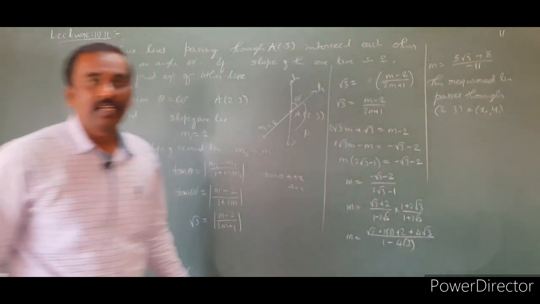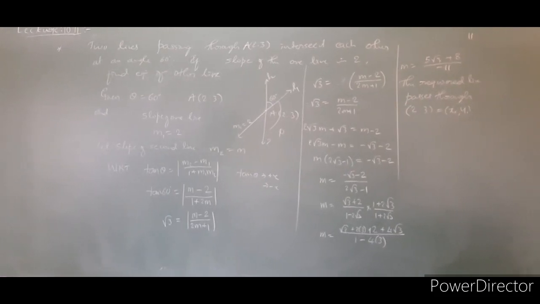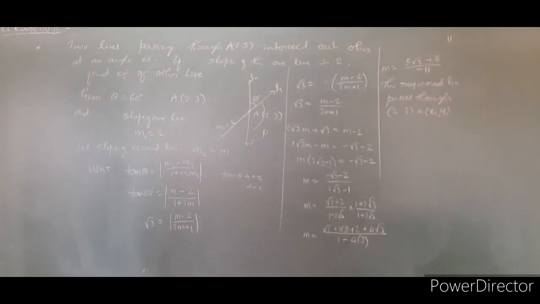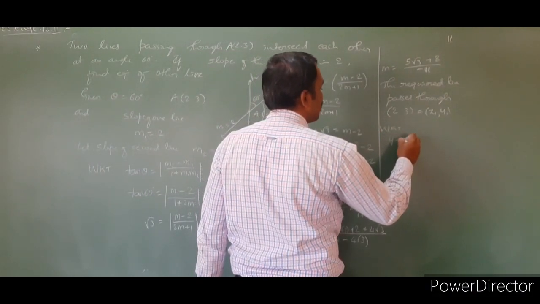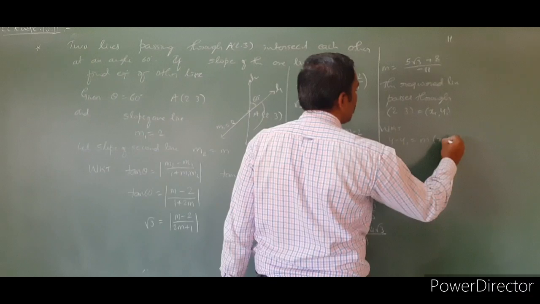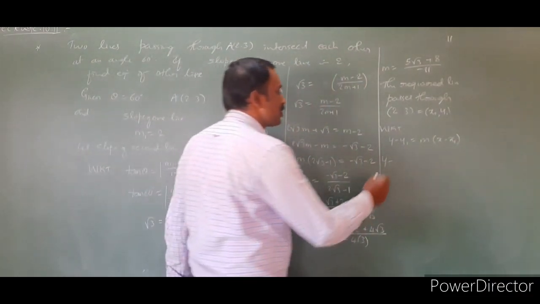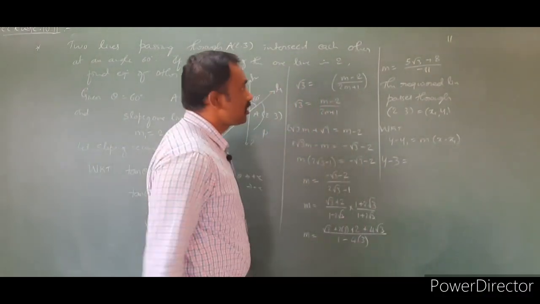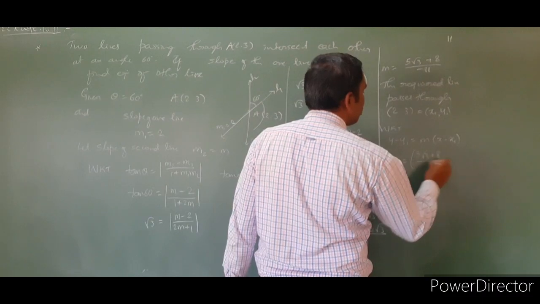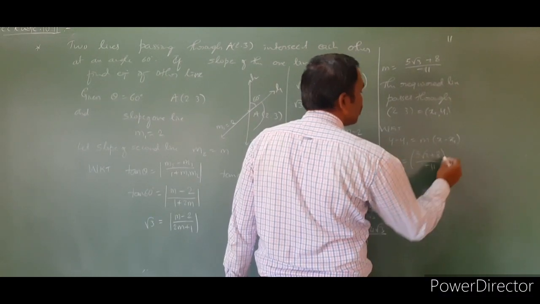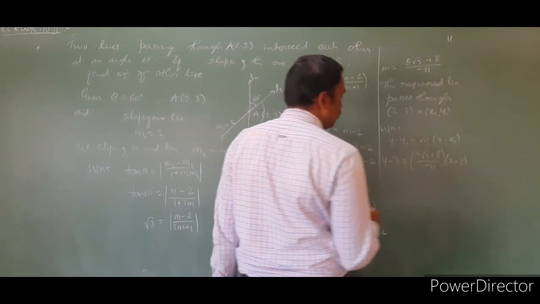Now we have x1 comma y1 and the slope of the line, so we can easily get the required equation of the line. We know that y minus y1 is equal to m into (x minus x1). y minus 3 is equal to m, which is (5 root 3 plus 8) divided by minus 11, into (x minus 2, since the x1 value is 2).